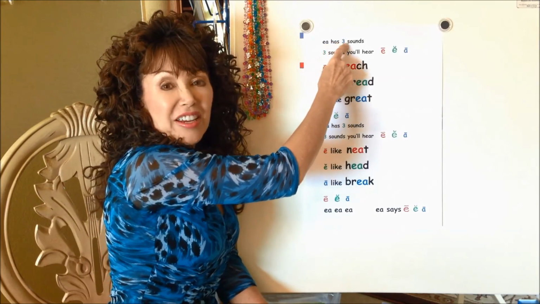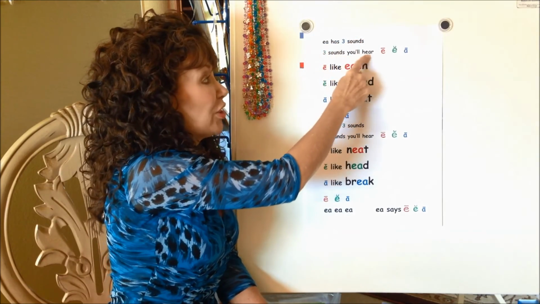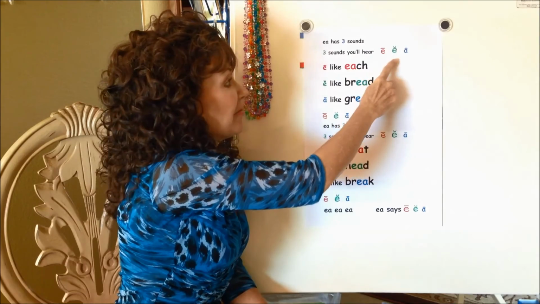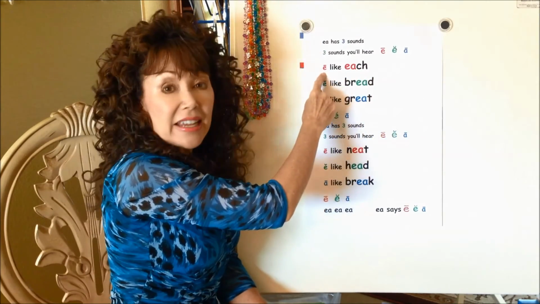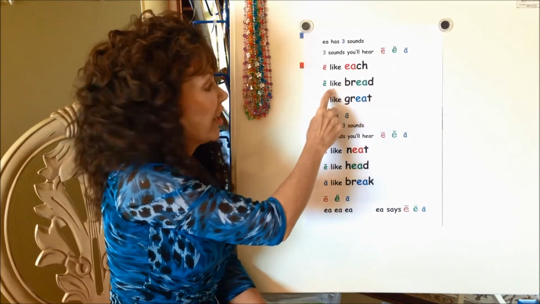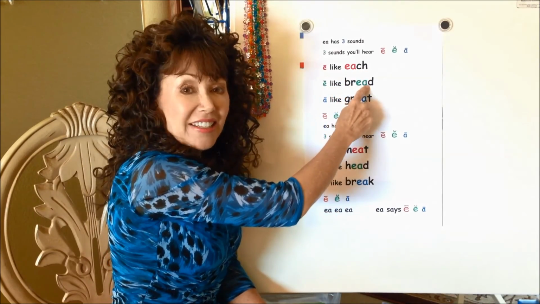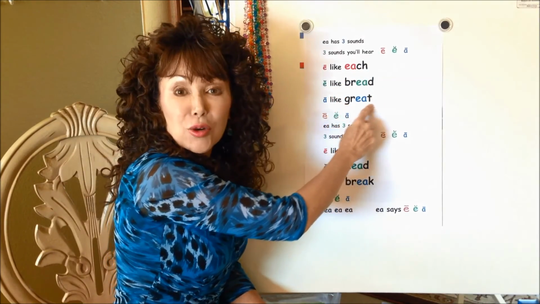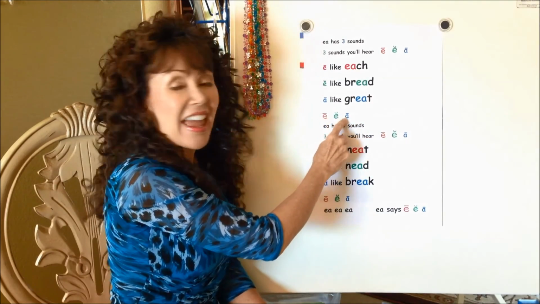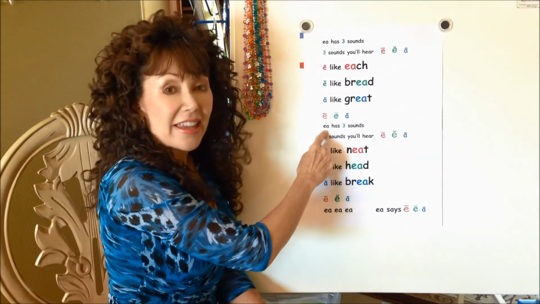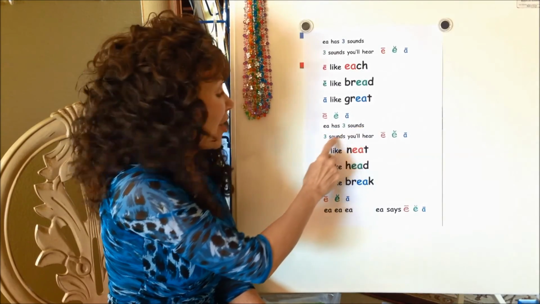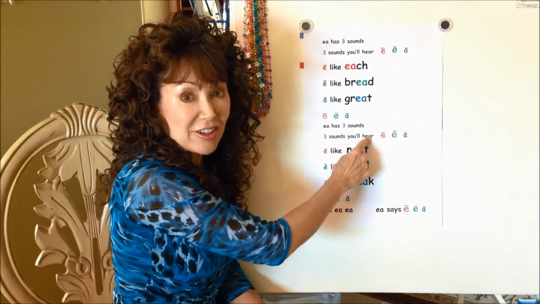Let's do it again. EA has three sounds you'll hear. E, A. E like each, E like bread, A like great, E, A. EA has three sounds you'll hear.